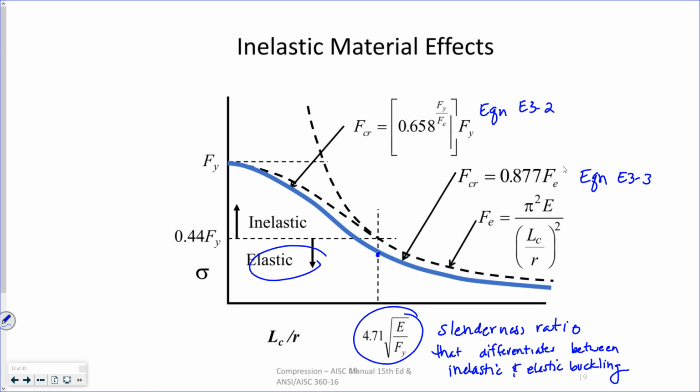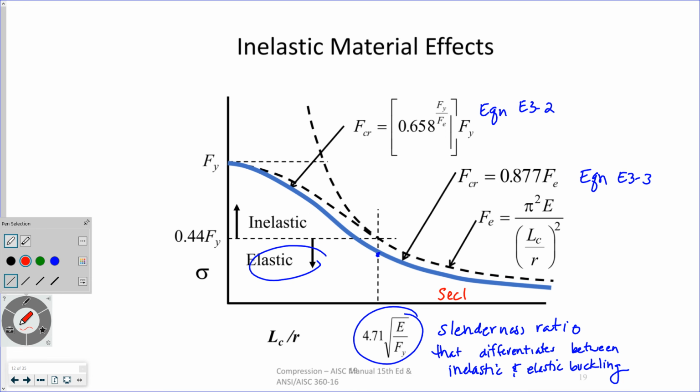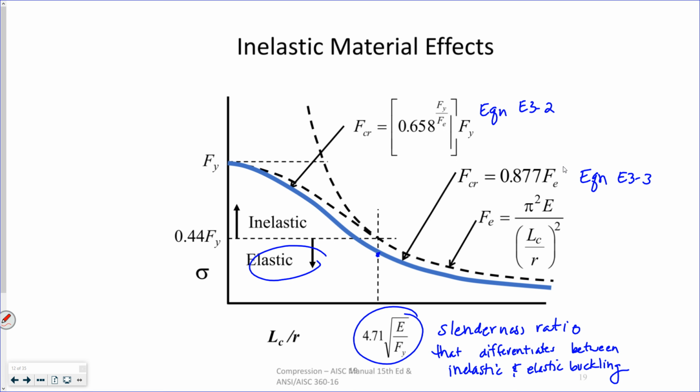Inelastic buckling is caused by the residual stresses leading to yielding in the cross section before buckling of the entire member. You can say for elastic, the section remains elastic, and yields at the same time. Inelastic, you have yielding prior to full buckling of the cross section.